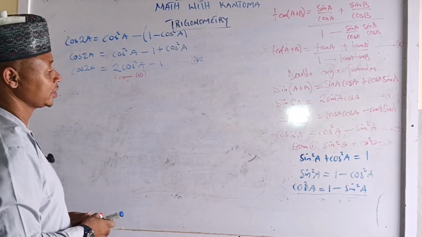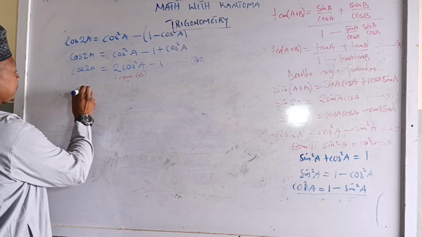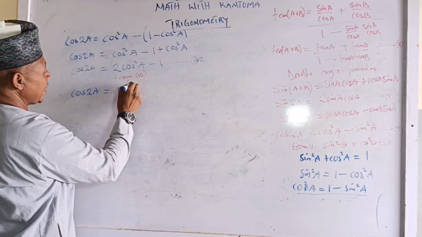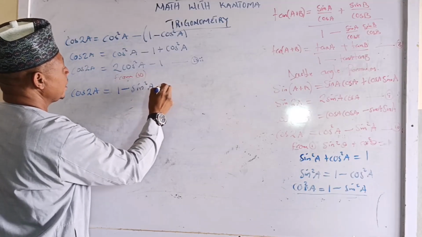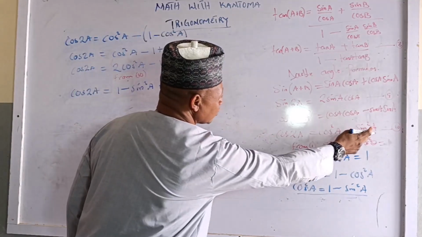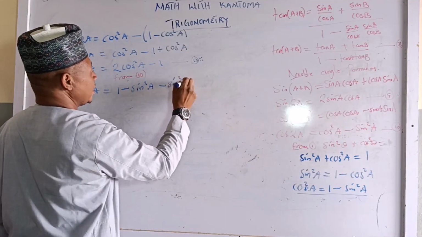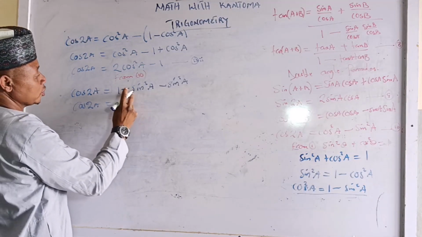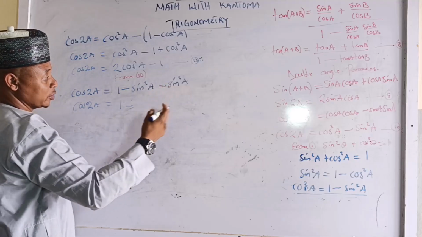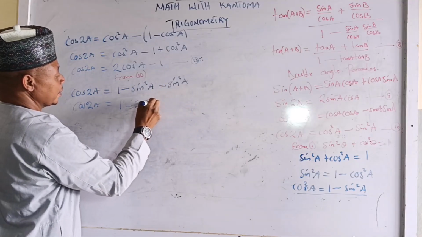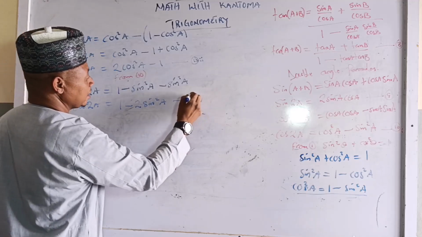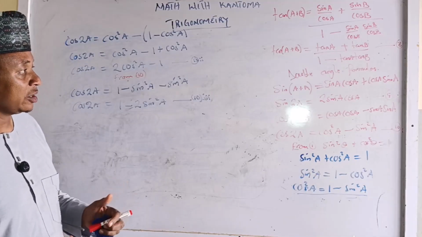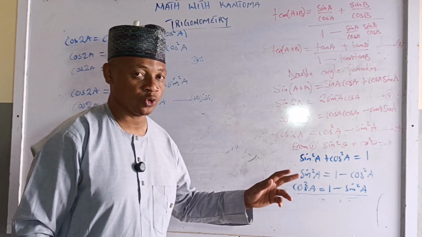So now from equation 10, I have cos 2A is equal to, instead of writing cos square A, I can substitute it by 1 minus sine square A, then minus sine square A. So now I have cos 2A is equal to 1 minus sine square A minus sine square A, which is 1 minus 2 sine square A. So this is equation 10(iii).